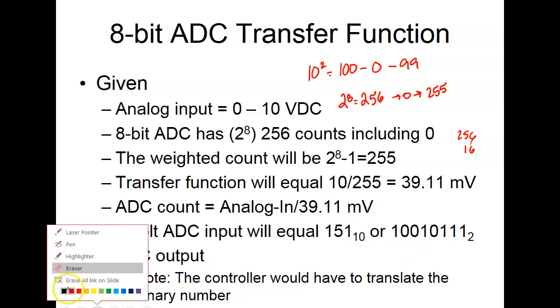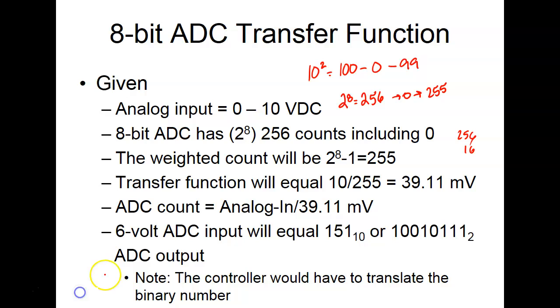I'll have to go back and redo my slide. So this would be 1, 2, 4, 8, 16, 32, 64, 128. That makes me feel better. Somehow I got one count off. And then you just add the 1s.